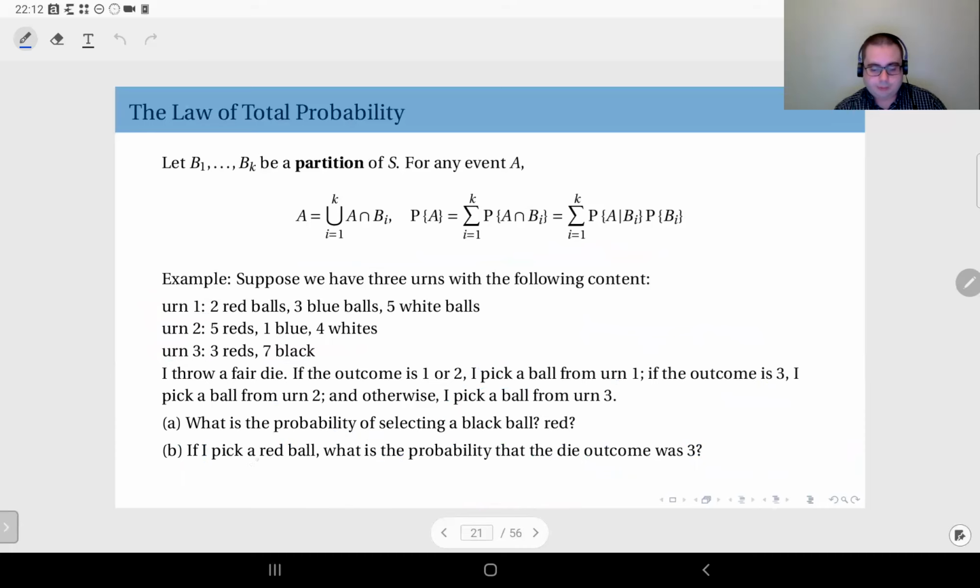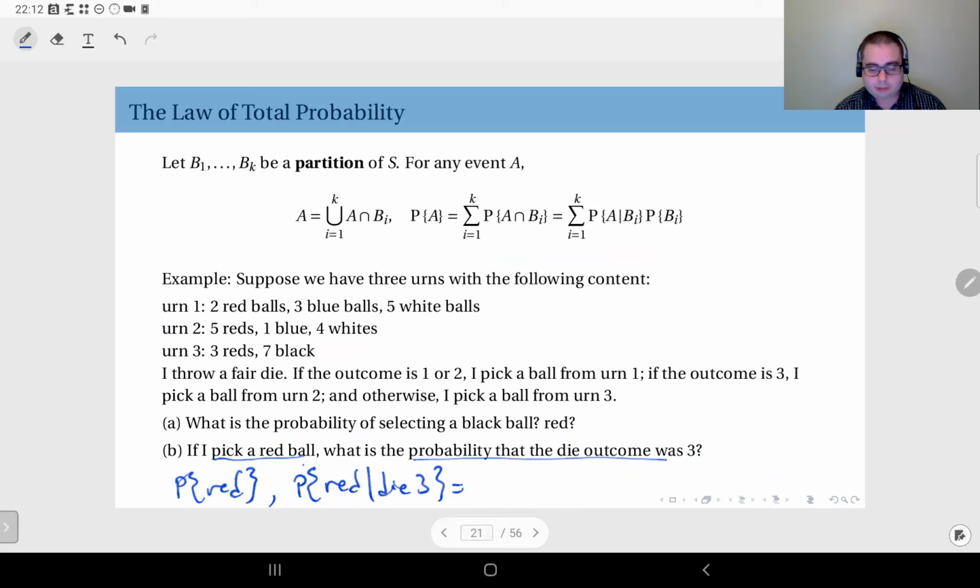Now, if I pick a red ball, now this question is upside down. If I pick a red ball, what is the probability that the die outcome was 3? Okay, so as I said, we have computed the probability of red, and we can write, for instance, probability of red given die 3.